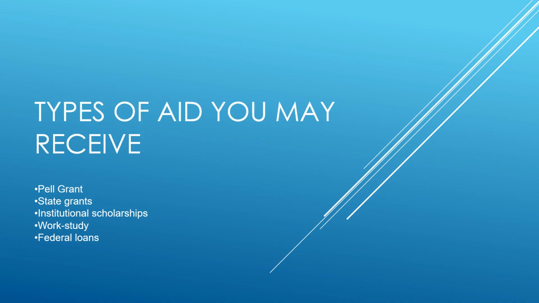You do have to have the FAFSA most of the time to receive any type of scholarships, local scholarships, or institutional scholarships. There's a national database for scholarships, and definitely apply early and often. And if you haven't gotten a rejection for a scholarship, it might be time to follow up with them as well.